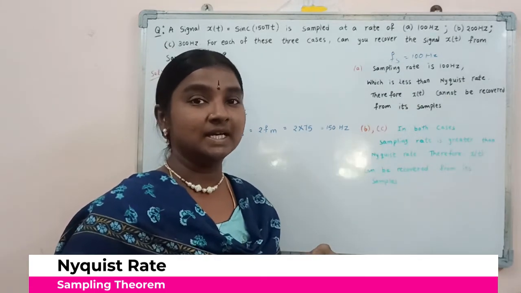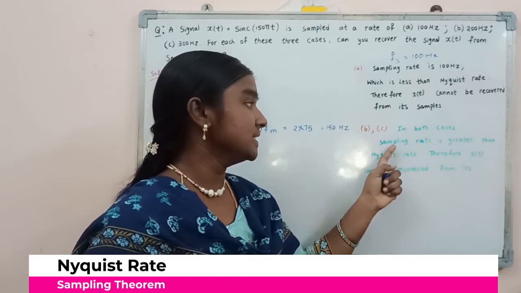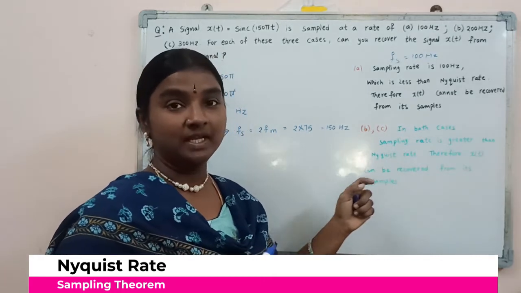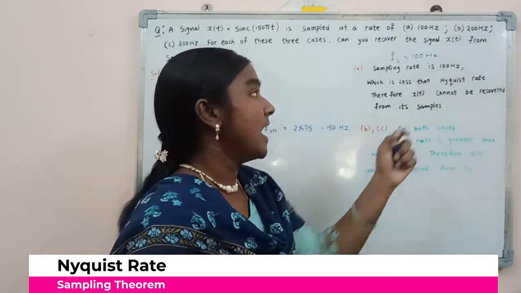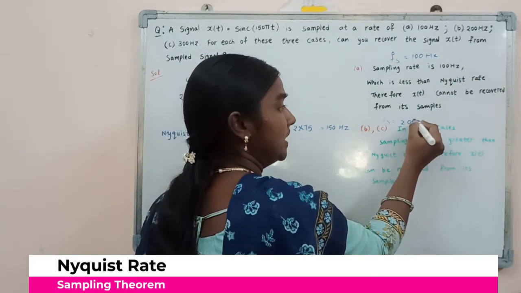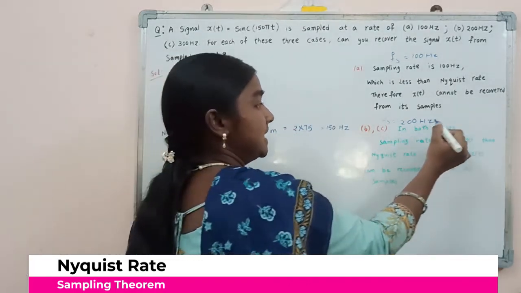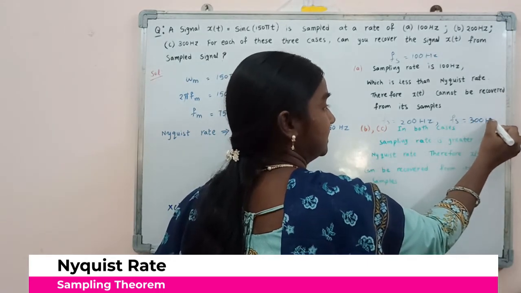Now considering case B and case C. In both cases, the sampling rate is greater than the Nyquist rate. In case B, the given sampling rate Fs is equal to 200 Hz, and in case C, the given sampling rate is equal to 300 Hz.